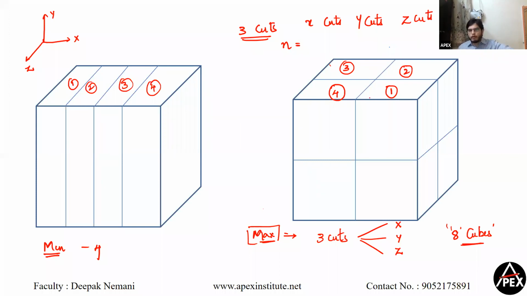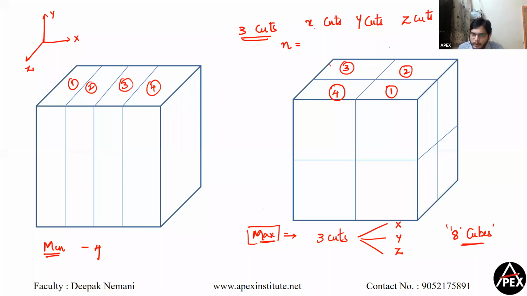Do we have to draw a cube and find the number of pieces? No, we have a formula for that. Sir, can we make the max as a power of 2 number of axes? Okay, let's discuss that. I didn't understand that. But let me complete this and we'll discuss that.